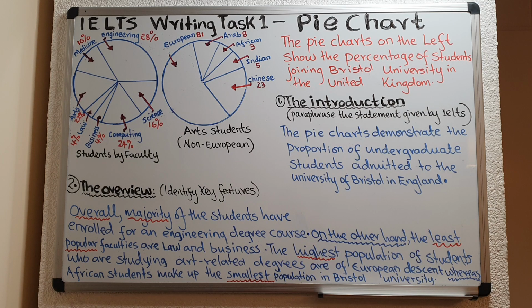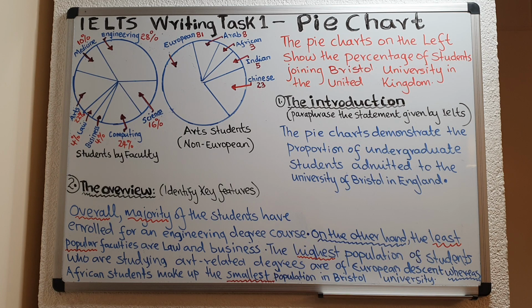Art-related degrees. Where do these students come from? 81% of them come from Europe. And where do the least number of art students come from? We can see very clearly that it is Africa, because Africa has 3 students, okay?